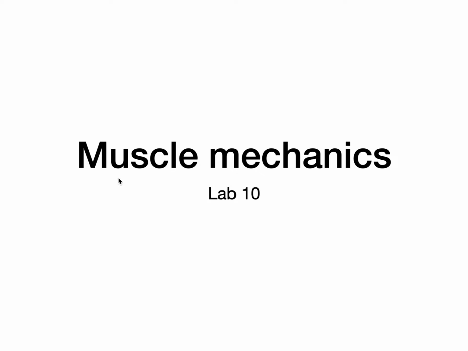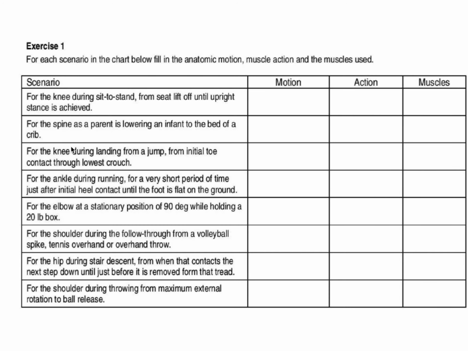So I'll talk about this later. For today, in this video, we're going to talk about exercise 1 that you can see on your manual. This is the table we're going to talk about in exercise 1. There are 8 scenarios, and we're just going to fill in all the blanks, and that's all for exercise 1.